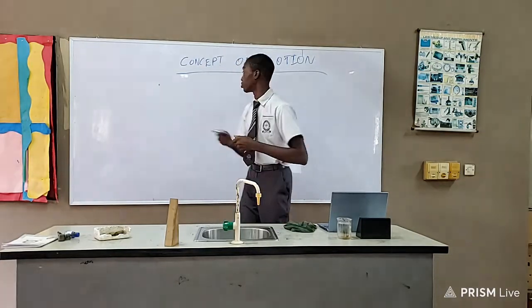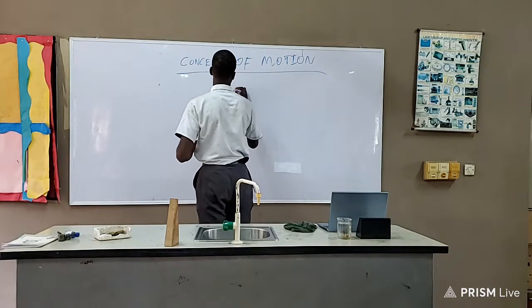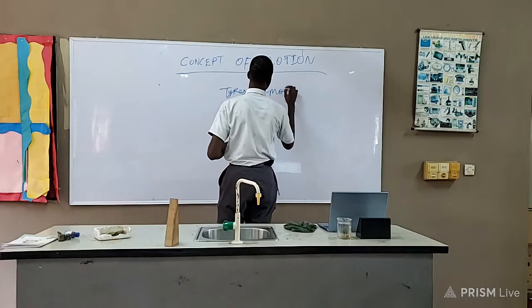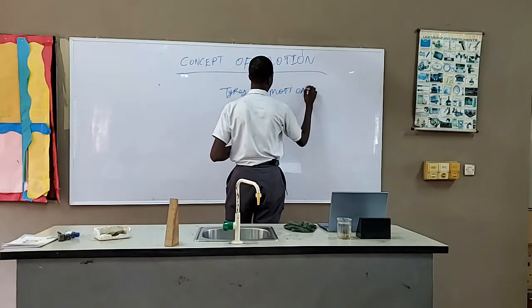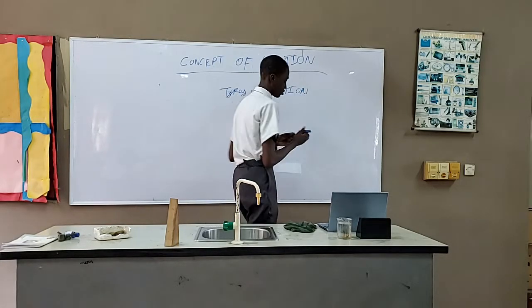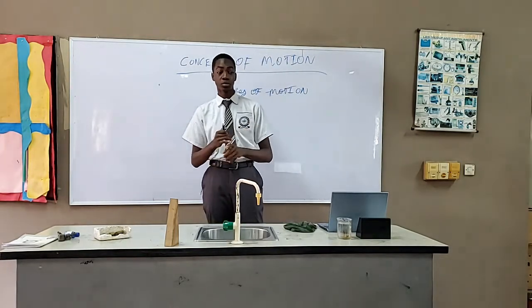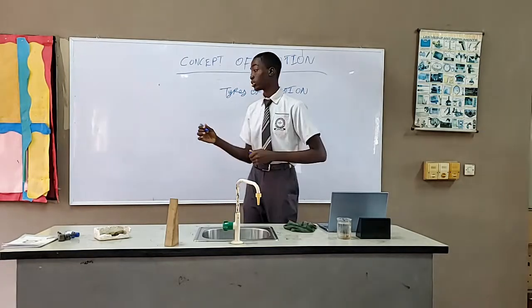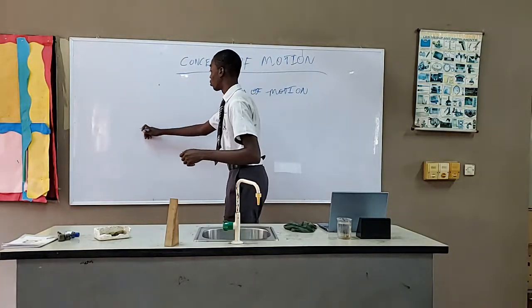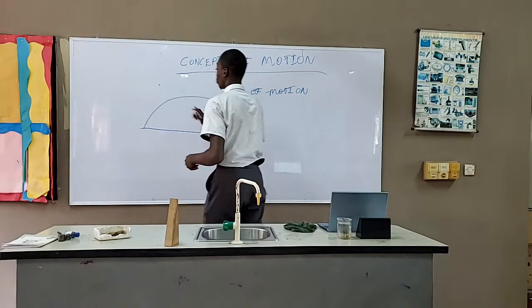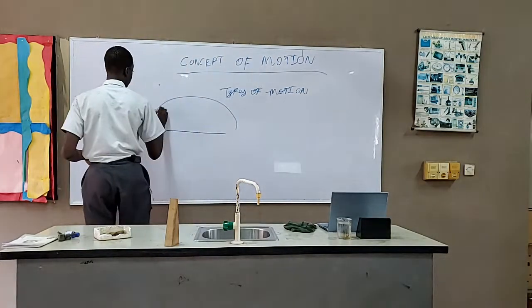Now we are going to move to types of motion. First of all, we have translational motion. Translational motion is the type of motion in which an object goes in a line without rotating.